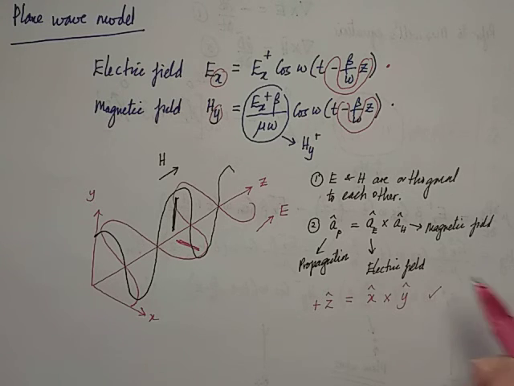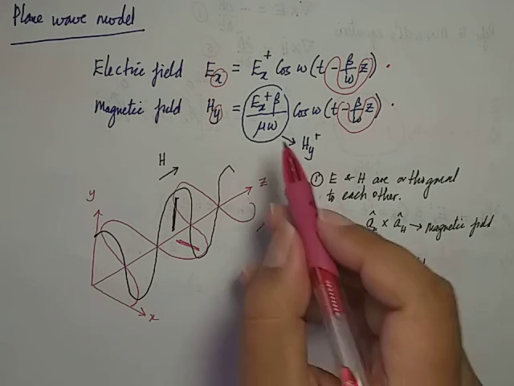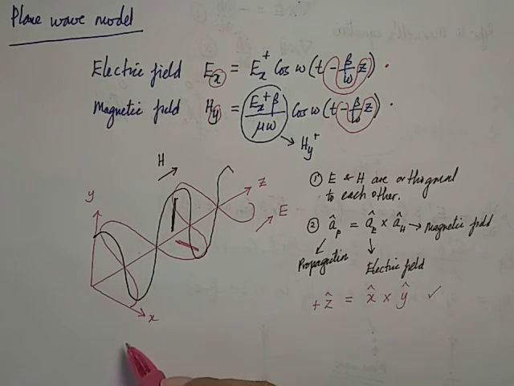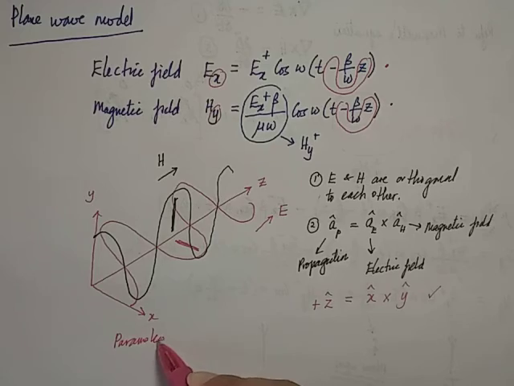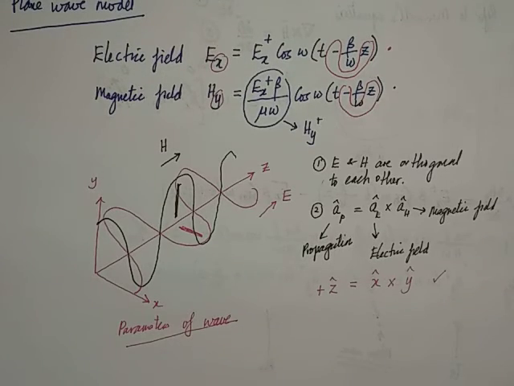So what we have to explain now is the parameters involved. What is omega? I'm going to put finally now the parameters of the wave. I can see a lot of symbols that are not that familiar. I think omega, for most of us, is no problem: angular frequency equal to 2 pi f.